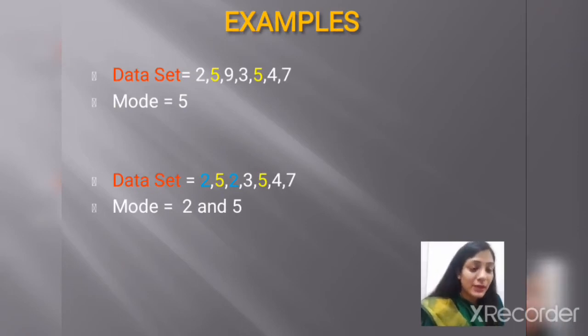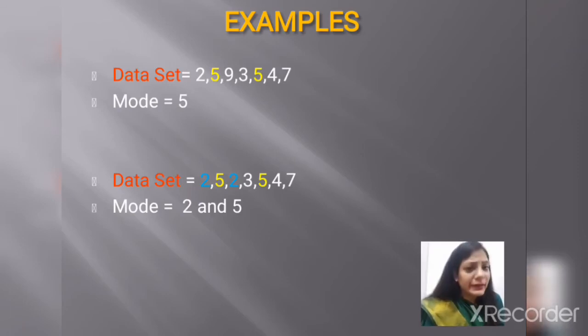Let's see the example. Here in the first data set, 2, 5, 9, 3, 5, 4, 7 is given to us. So 5 is coming 2 times. So it is the mode of the data set because 5 is coming more often.